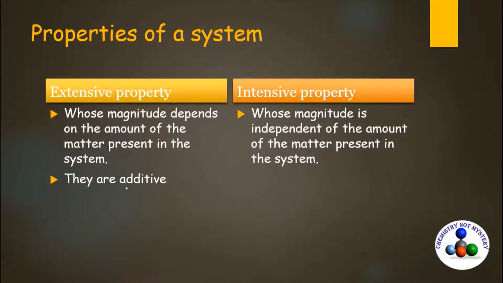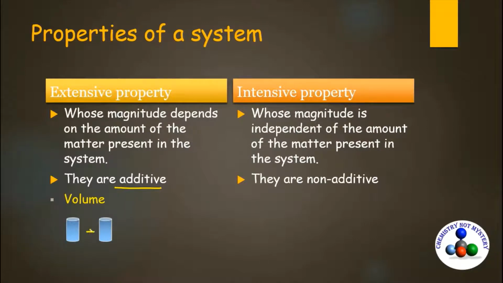Extensive properties are additive. That means you can add them. For example, volume. If there are 2 glasses of water, both having 1 liter volume, when you add them, you will get 2 liter glass of water. So in this way, volume is additive. But intensive properties are non-additive. For example, boiling point.